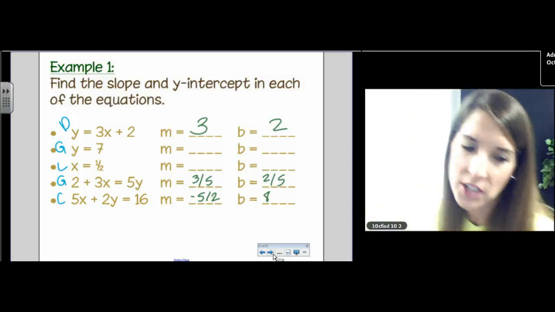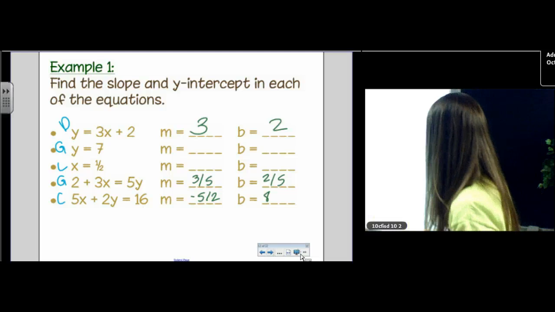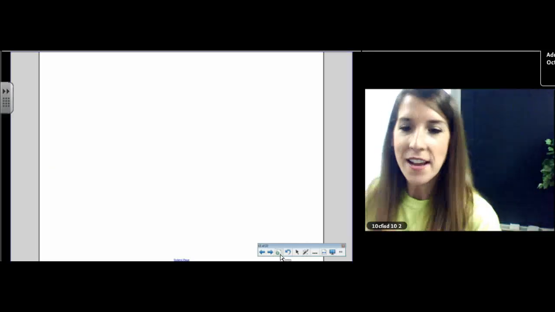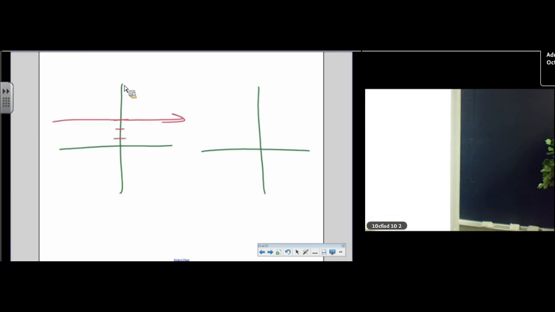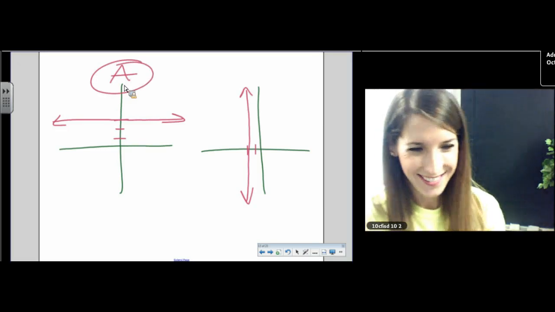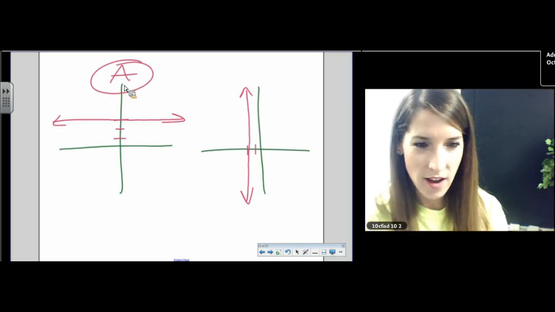Do we need to stop and have a talk real quick about vertical and horizontal lines? All right, we're going to talk about these two lines. Okay, line A. What's the equation of line A?